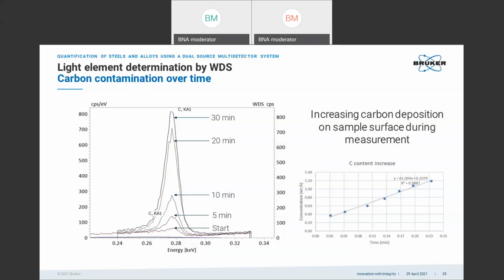We can follow this trend line back to the initial state, and we get out at something like 0.2 weight %, which is the initial carbon that we measure. What we in fact measured was something like 0.36 weight %, and we ended up after 20 minutes at 1.2 weight % carbon on the same spot.